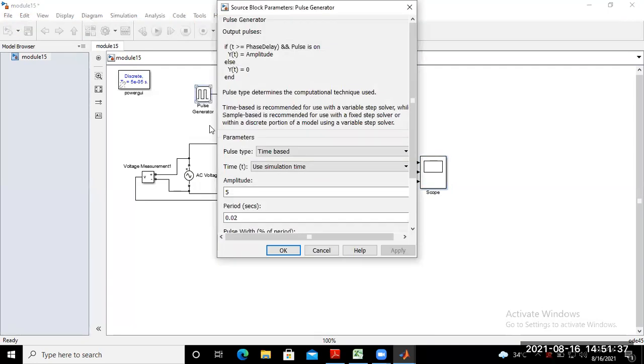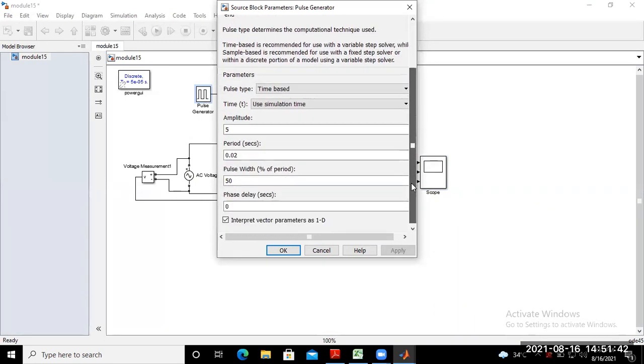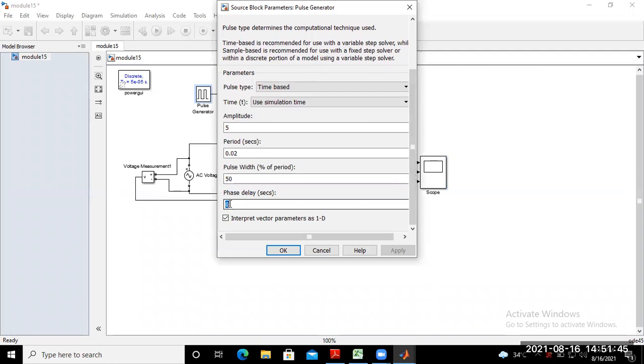That means here, suppose that if you want to put phase angle delay 60 degree, so 60 divided by 360, that means 1 by 6, 1 by 6 multiplied by 0.02. So 0.02 divided by 6, you get how much? 0.02 divided by 6 equal to 0.0033 for 60 degree.